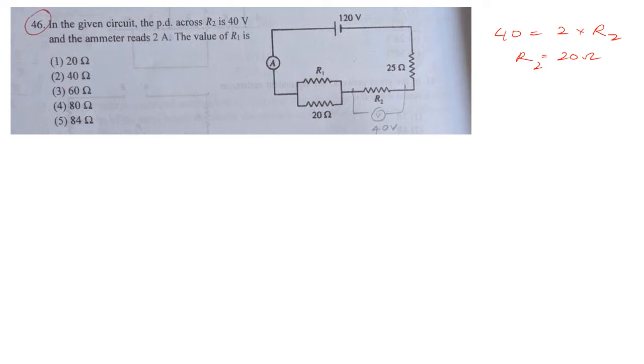we can use Kirchhoff's law for this whole circuit, right? So we can use 120 equals I into 25 plus R2, which is 20, plus the equivalent of this, that is 20 R1 divided by 20 plus R1, right? So all we have to do is quickly simplify this equation, and here we know the value of I, which is 2, right?